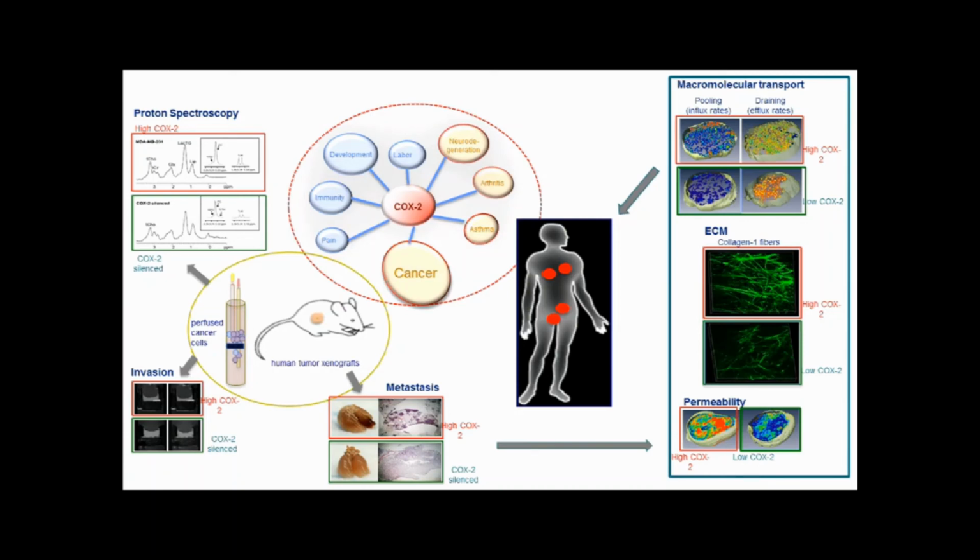But not only that, it also shows that if you downregulate this one enzyme, you can have a profound effect on many of the aggressive characteristics of cancer cells. And of course, this is an enzyme that plays a key role in inflammation and cancer.